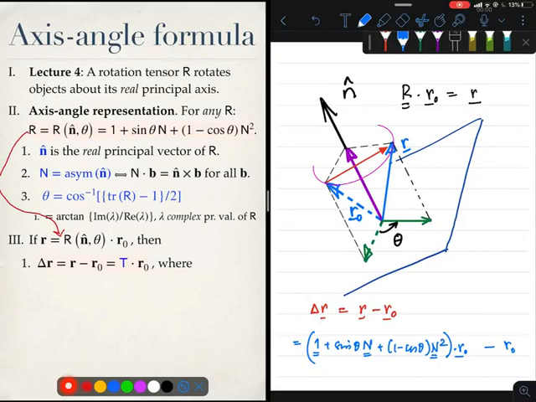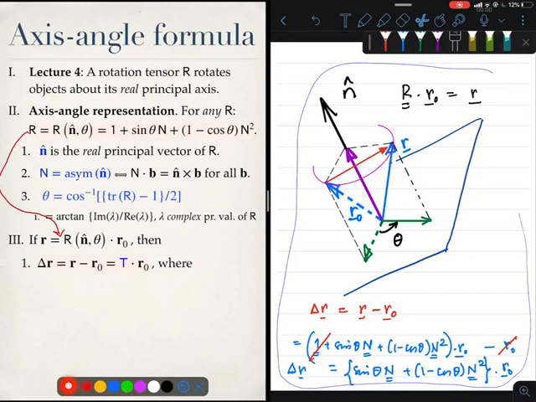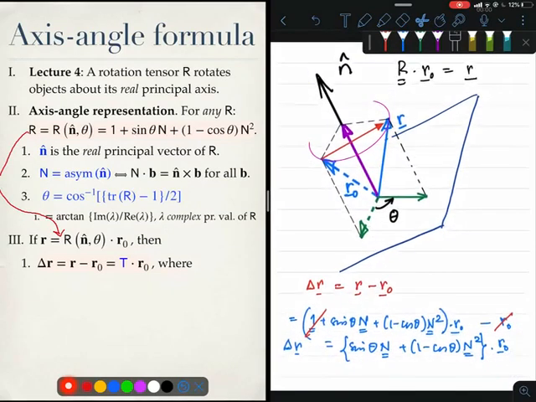This will cancel with that, and I will be left with delta R equal to sine theta N plus 1 minus cosine theta N square times r0. Let me shift all of this up a little bit, it is too congested at the bottom.